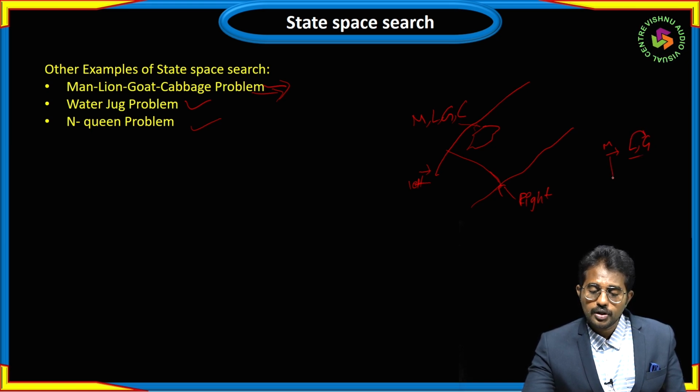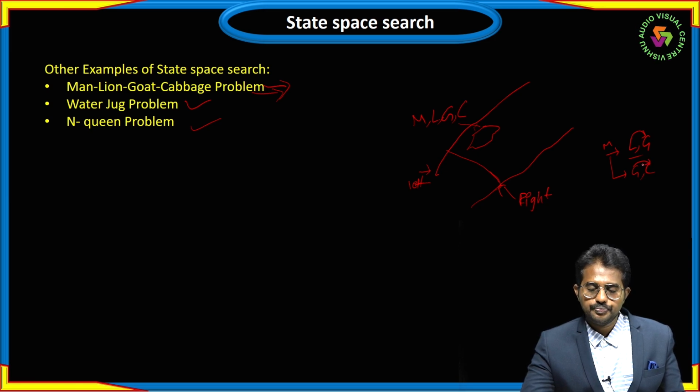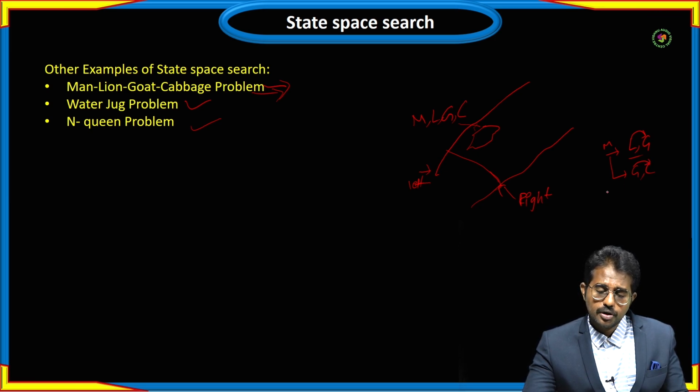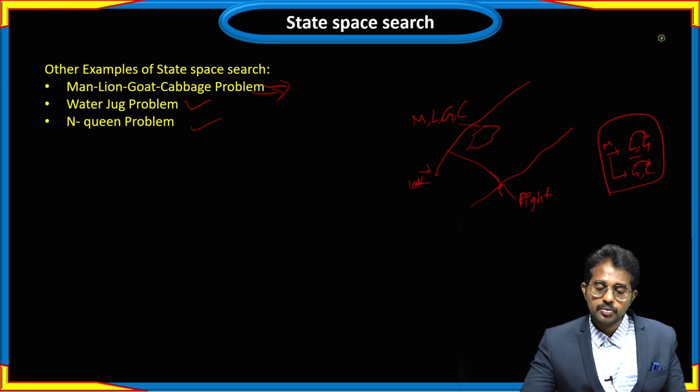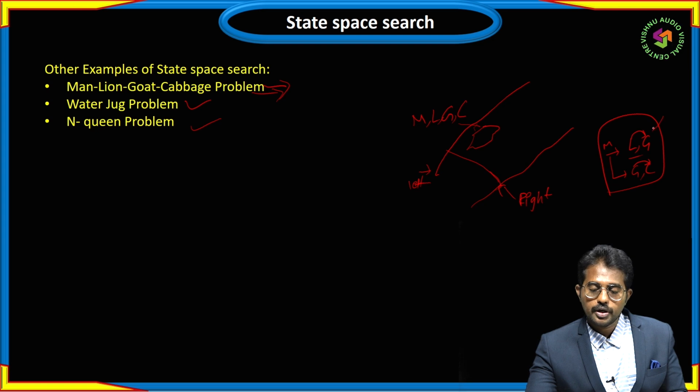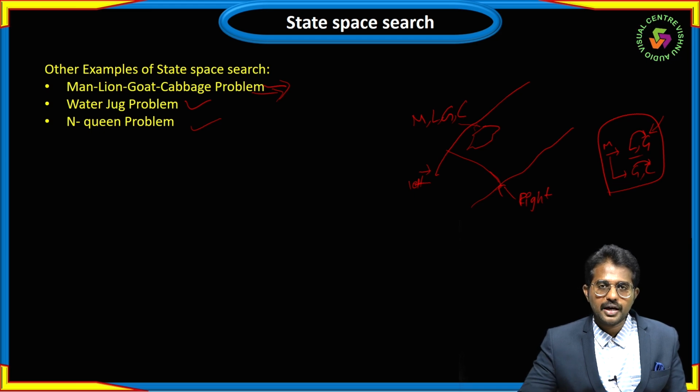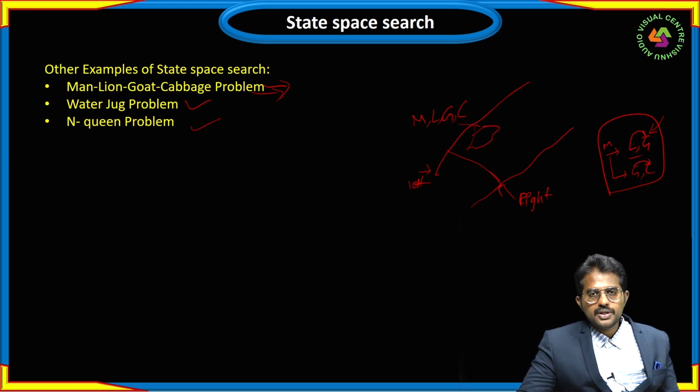Also, without the man, if goat and cabbage are left alone on any bank, then the goat will eat the cabbage. These are the two challenges given for this problem. Without violating these conditions, we have to travel the man, lion, goat and cabbage to the right bank. This is the problem statement of the man, goat, lion, cabbage problem.